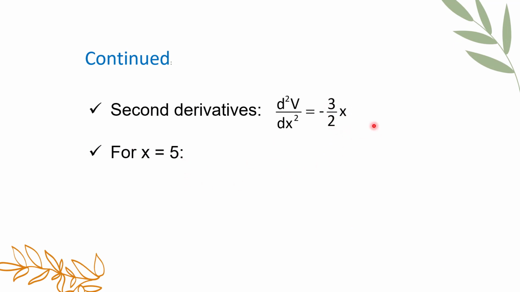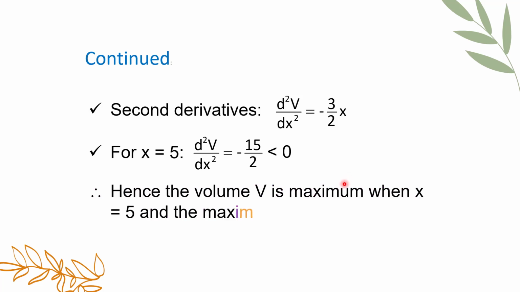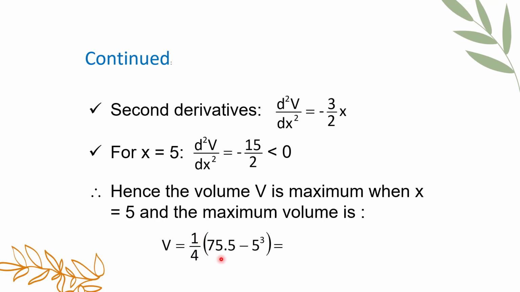For x equals 5, we substitute the value here, and we find that the second derivative at x equals 5 is minus 15/2. Since it is less than 0, we conclude that the volume is maximum when x equals 5. For the maximum volume, we have to calculate the volume when x equals 5. We calculate 1/4 multiplied by (75 times 5 minus 5 cubed). This volume is 62.5, which is the maximum one.